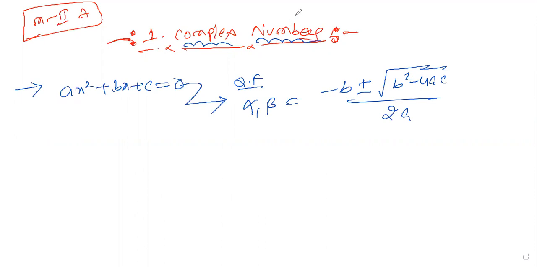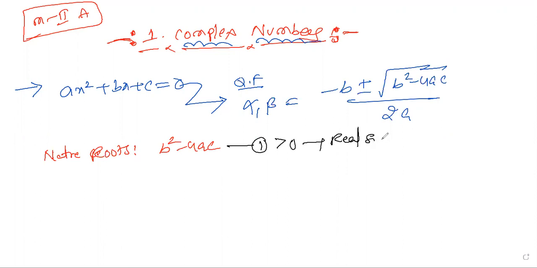When you're doing this roots finding case, I think we know the nature of the roots. How do you find the nature of the roots? By the b square minus 4ac. I think we had analysis of that. If b square minus 4ac is greater than 0, roots are real and unequal.